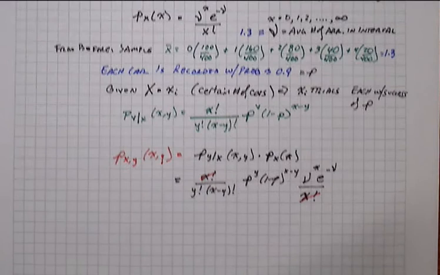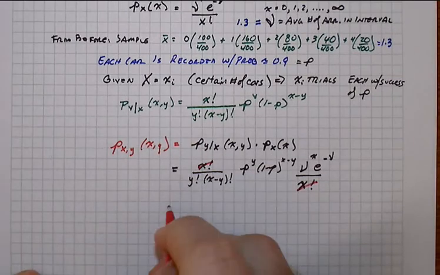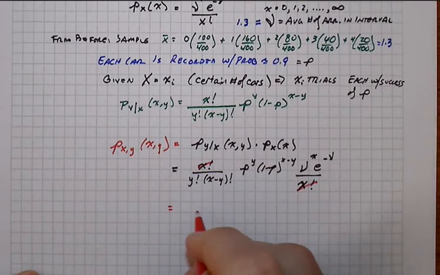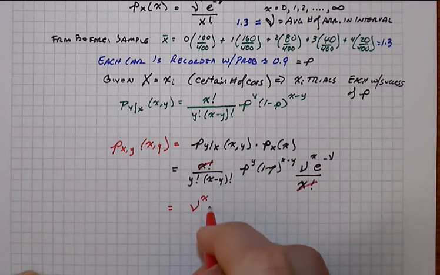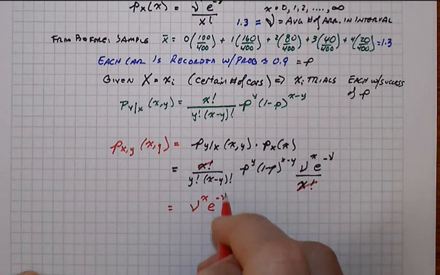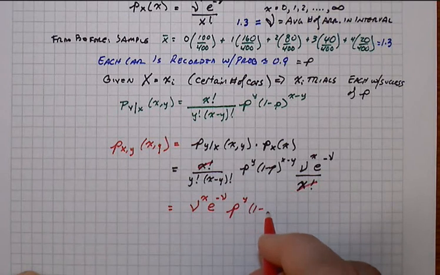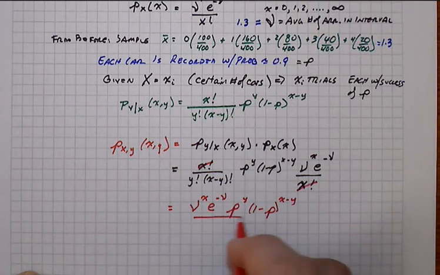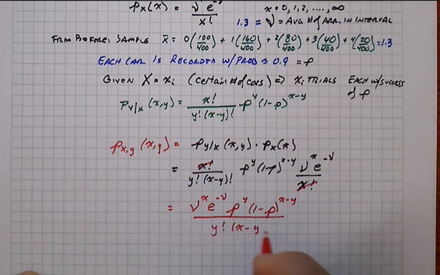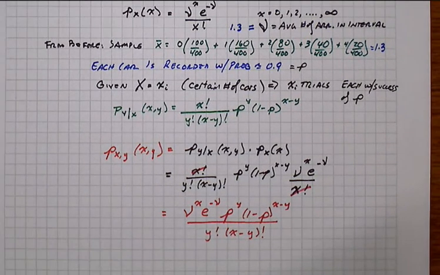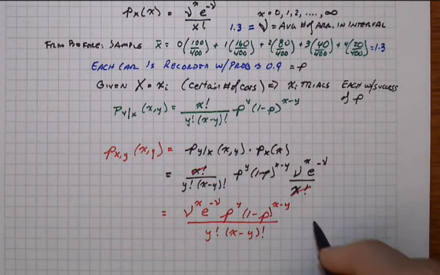and we can simplify this somewhat, that our joint is going to be equal to then nu raised to the x e to the minus nu p to the y, 1 minus p raised to the x minus y, all over y factorial and x minus y factorial. And in order to be properly defined, we have to write out what the domain is here.